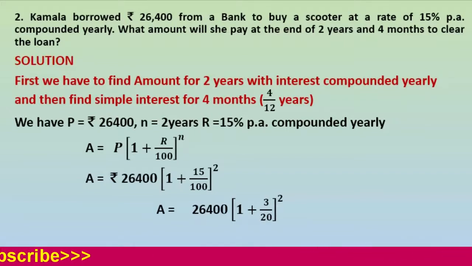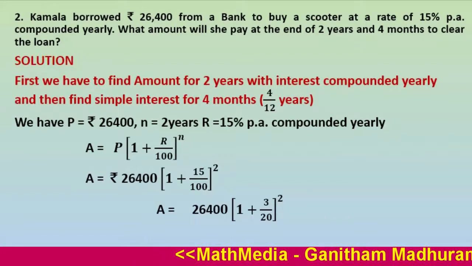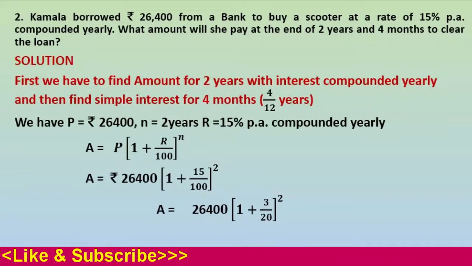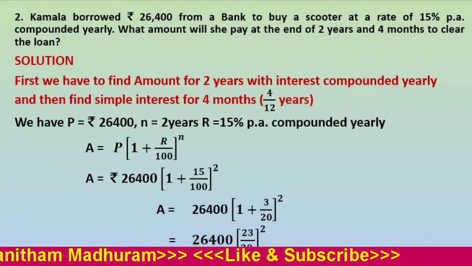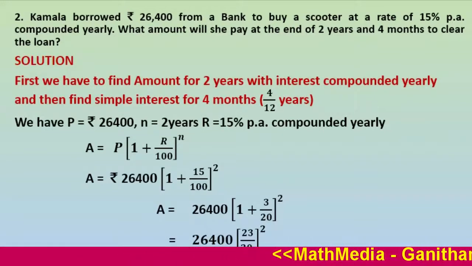While calculating the bracket, we get 20 plus 3 whole divided by 20. That is 23 upon 20 whole squared. So we get 26,400 into 23 upon 20 whole squared.